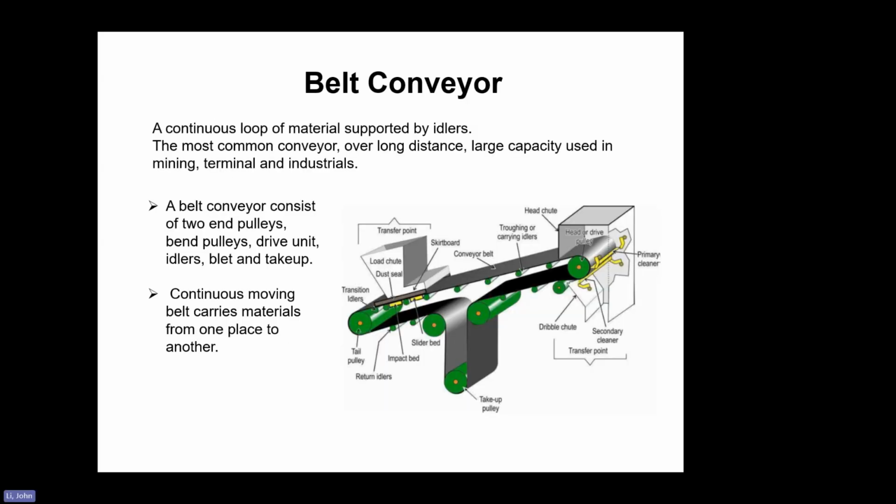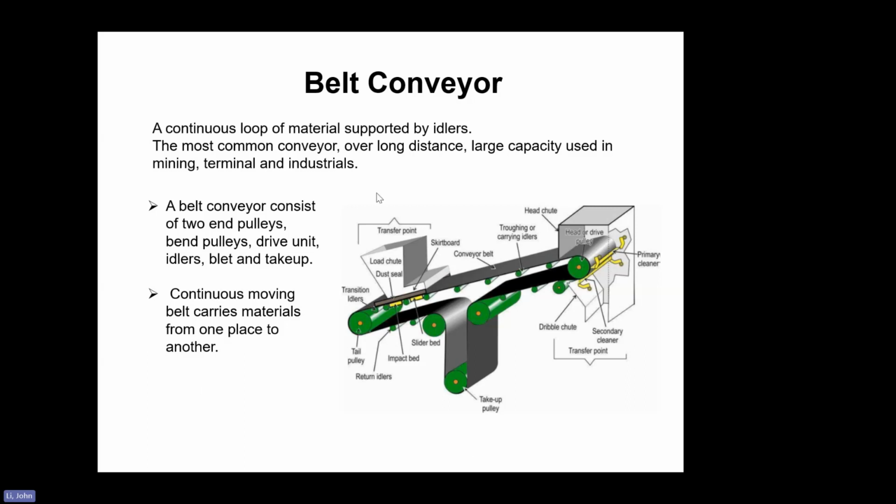First of all, the belt conveyor. A belt conveyor is a continuous loop of material supported by idlers. It is the most common conveyor system. It can cover long distances with large capacity, and is used in mining, terminals, and other industrial applications.